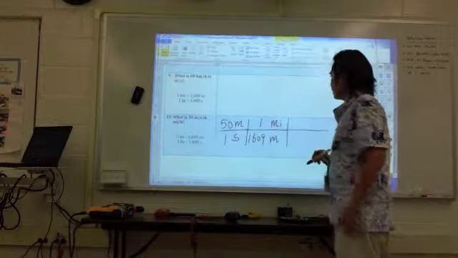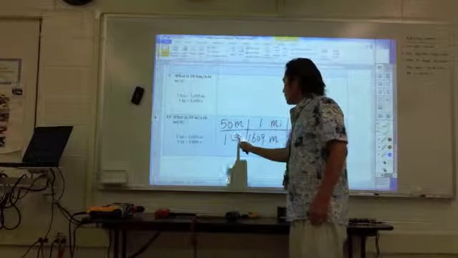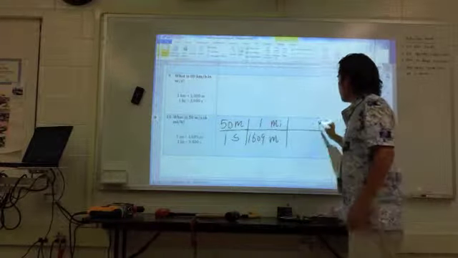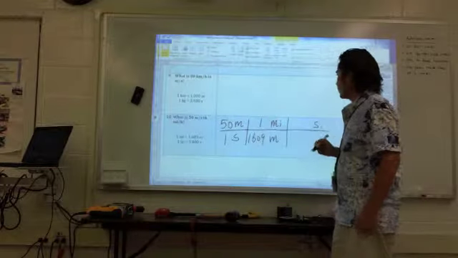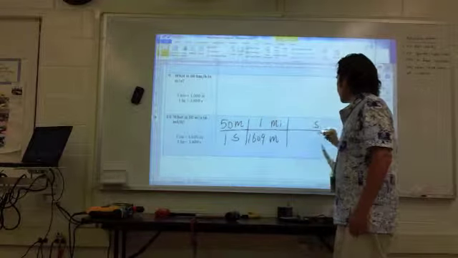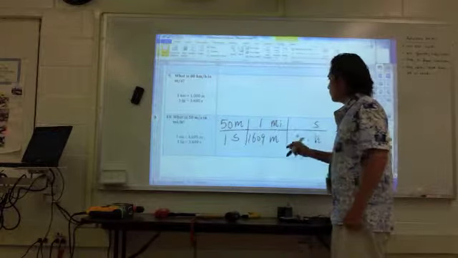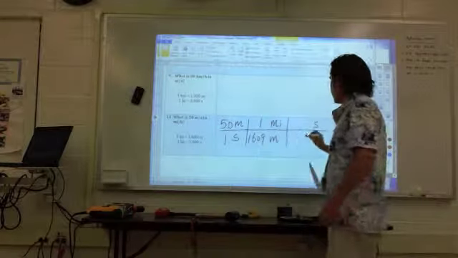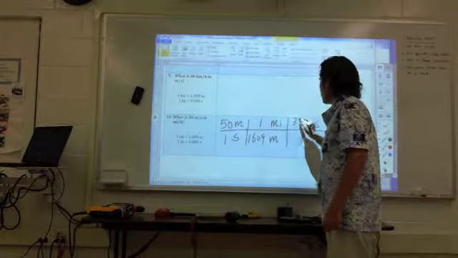Extend the ladder further. Second downstairs is canceled out with a second upstairs. Okay, and instead of the second, we want to end up with the hour. And from the second conversion factor, we know that 1 hour is 3,600 seconds.